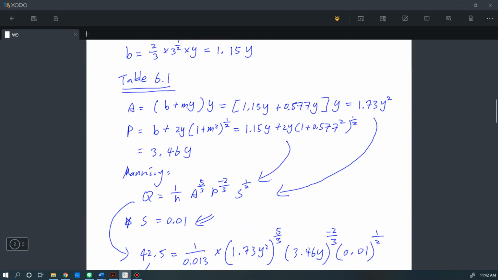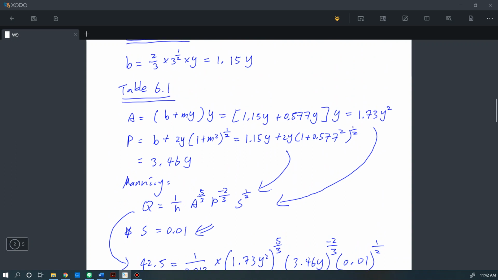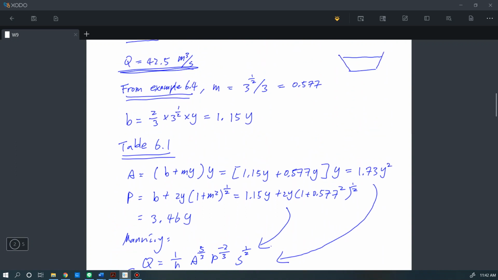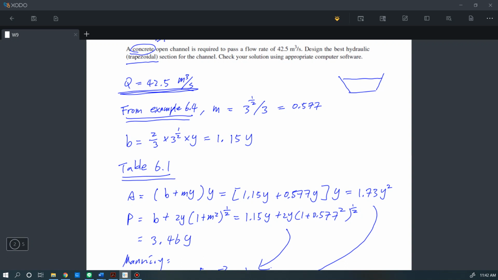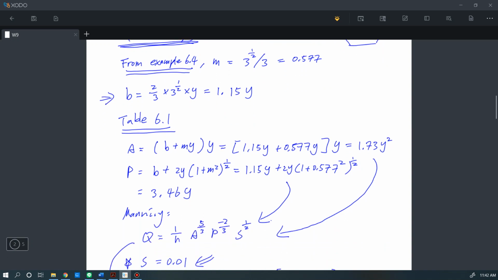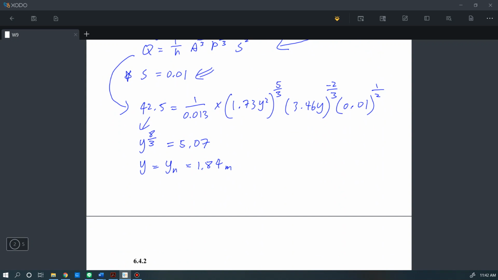And since we have this relationship here, that B is equal to 1.15y, we can also calculate the B, the width of this trapezoidal channel.